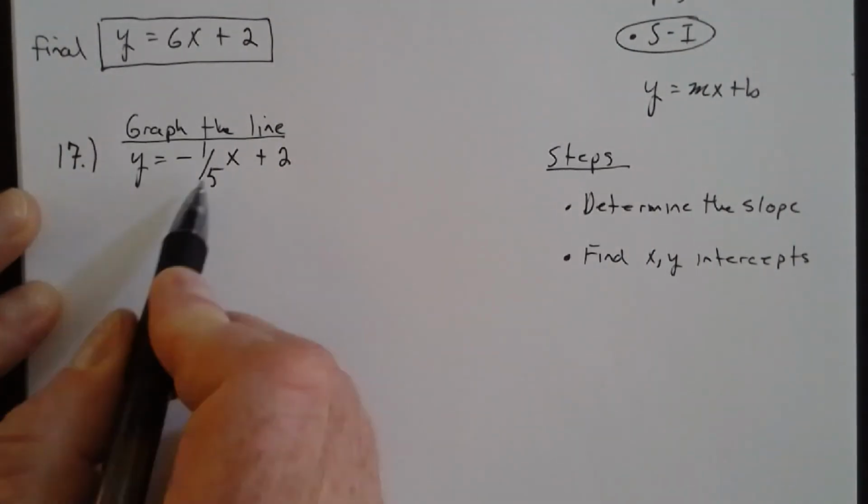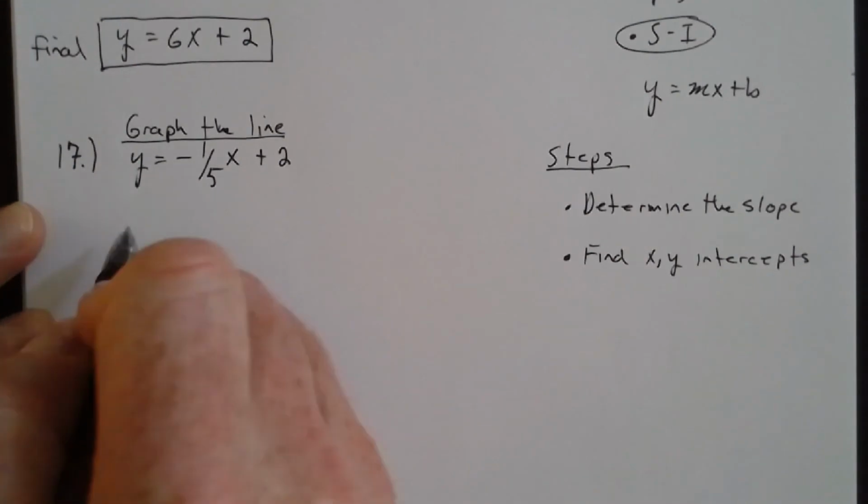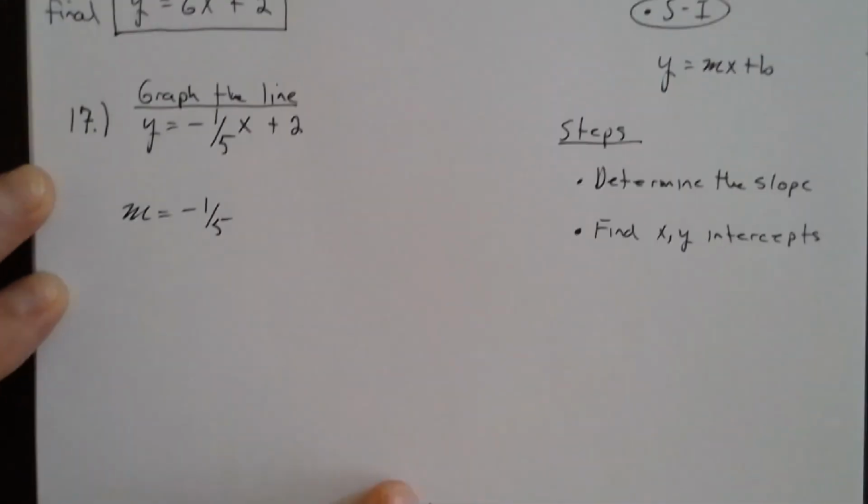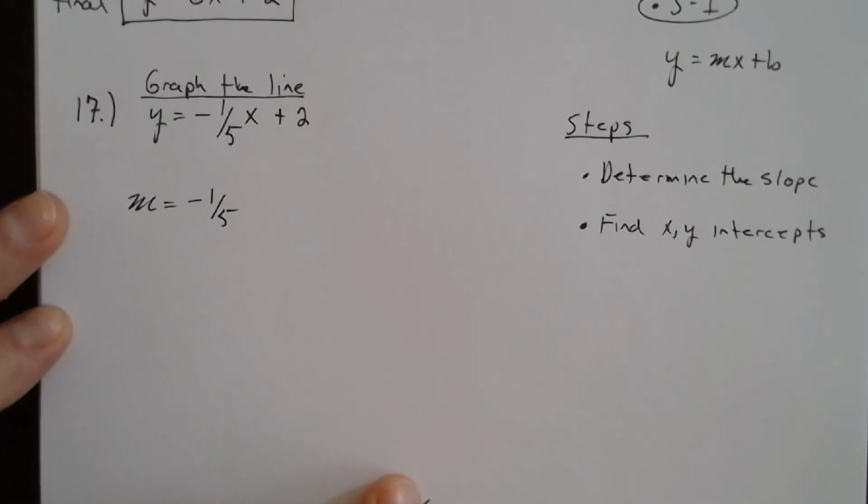And so from here, what's our slope? And how do we determine our x-intercept? Well, what do we do?